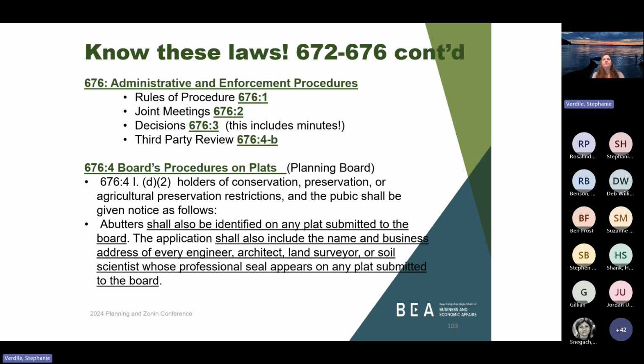It is beneficial because it's not the fox guarding the henhouse, right? And it doesn't have to be a 40-lot subdivision, or a Walmart. Even a small subdivision, say one that involves a road, or has drainage issues or wetlands issues. Your planning board members are expected to do a lot, but you're not expected to know everything about every discipline, right?